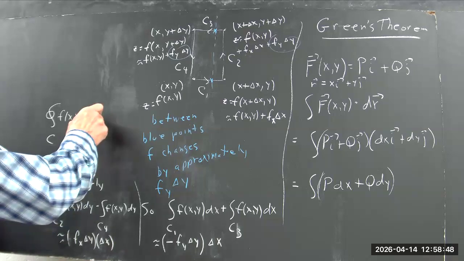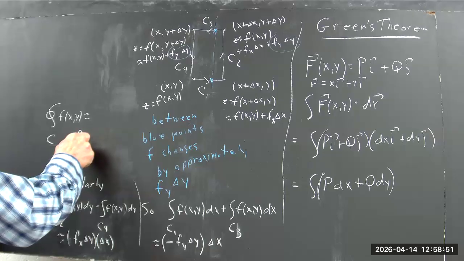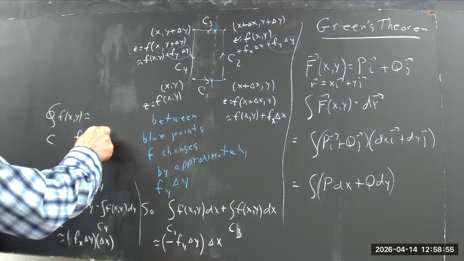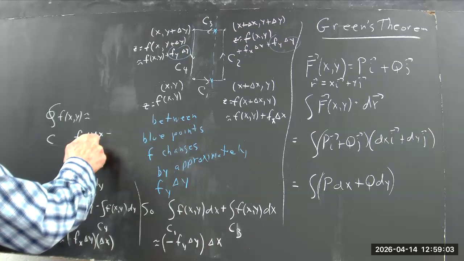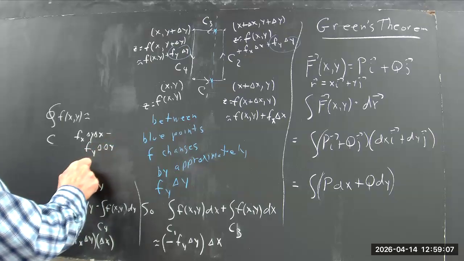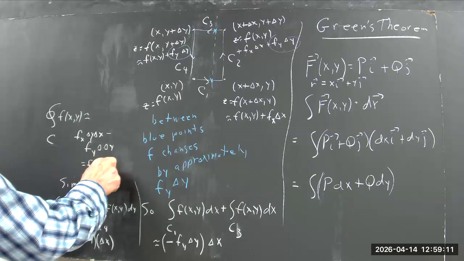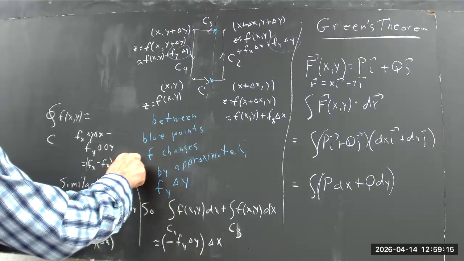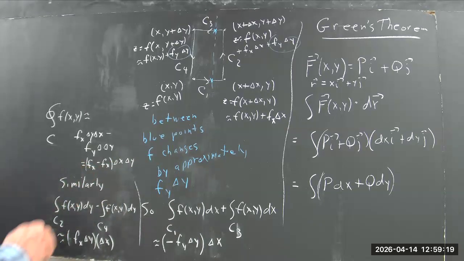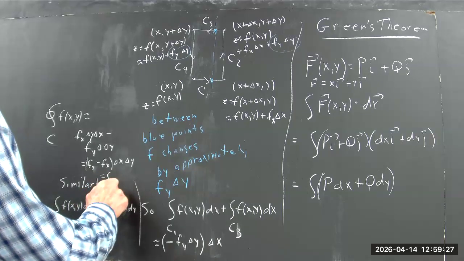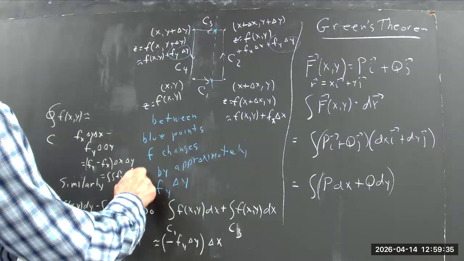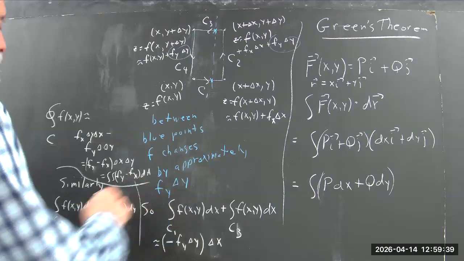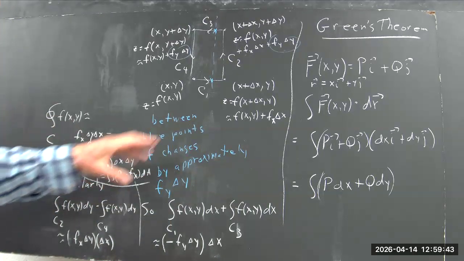This integral will approximately be equal to Fx delta y delta x minus Fy delta x delta y, which is Fy minus Fx, delta x delta y, which is like a double integral of Fy minus Fx over area.